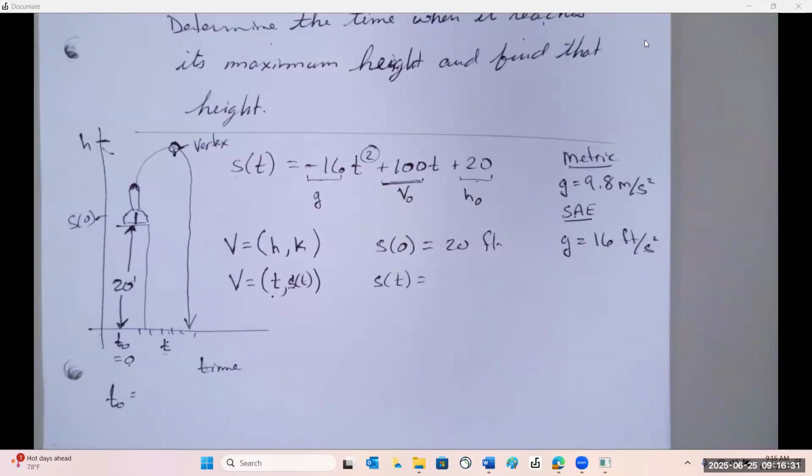Anybody find it yet? Why aren't you guys looking at your notes? Everybody should be looking at your notes and try to figure out how do we find the time value.